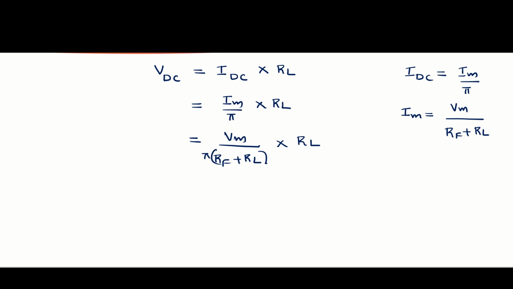VDC is given as 50. So 50 is equal to Vm, which we have to find out, divided by pi, times RL, divided by Rf plus RL. The Rf value is 25 ohm and the RL value is 800 ohm.